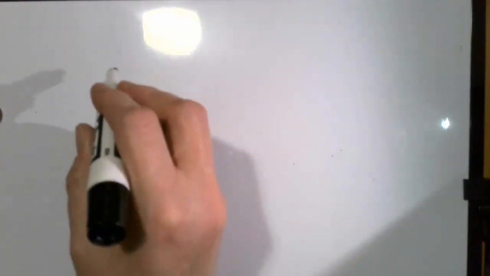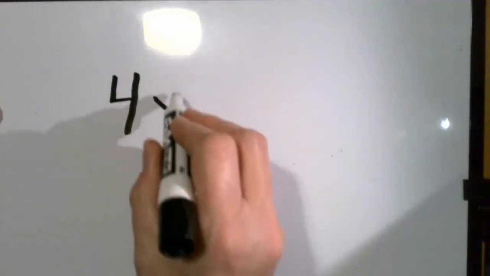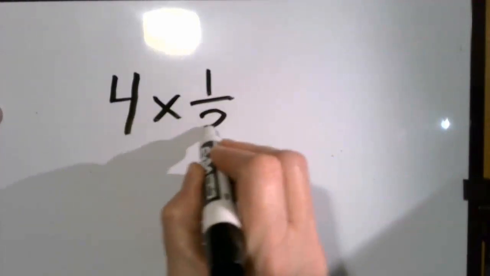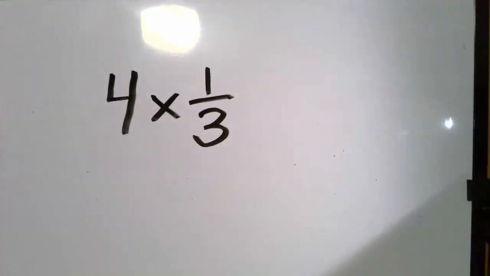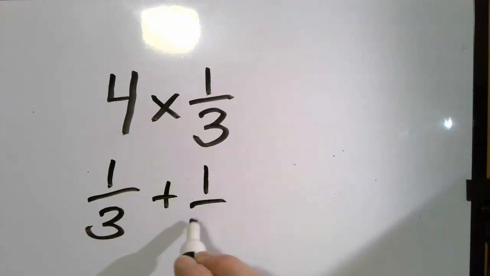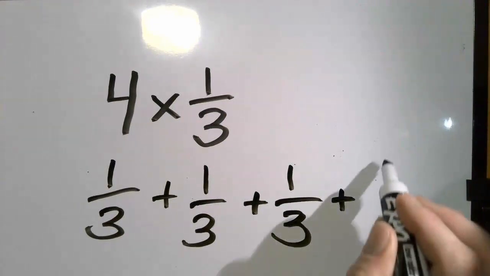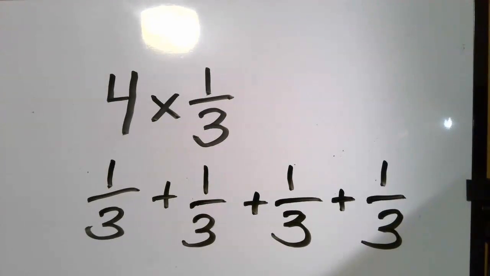Let's talk repeated addition with fractions and multiplying whole numbers by fractions. So if I had the whole number 4 times 1/3, that's really the same as taking 1/3 plus 1/3 plus 1/3 plus 1/3.